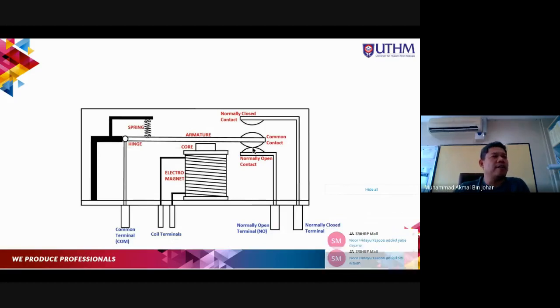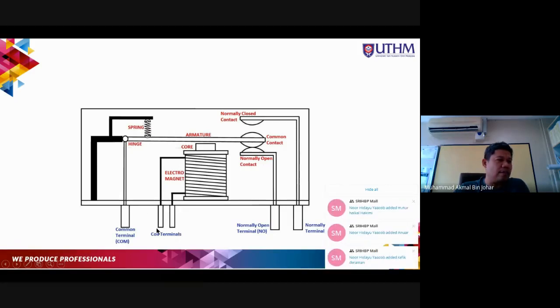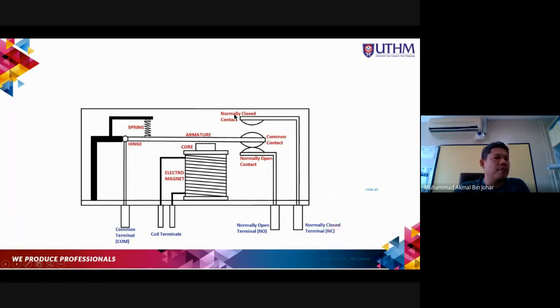So here you can see the state has been changed. Initially, without any voltage across the coil terminals, the armature is touching the normally closed contact area here because of this spring. Without any magnetic field, this spring pulls the armature so that the common contact touches at this point.